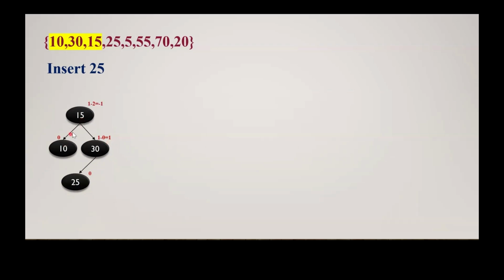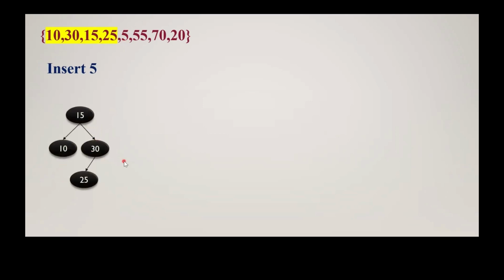For 15, the height of the left subtree is 1 and the height of the right subtree is 2. So 1 minus 2 is minus 1. So minus 1, 0, 1, 0. All the nodes have a balancing factor of minus 1, 0 or 1, so we concluded that this is a balanced tree.